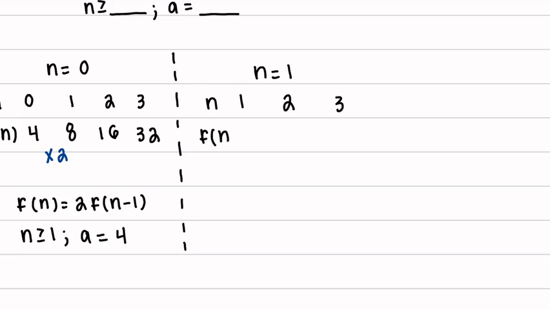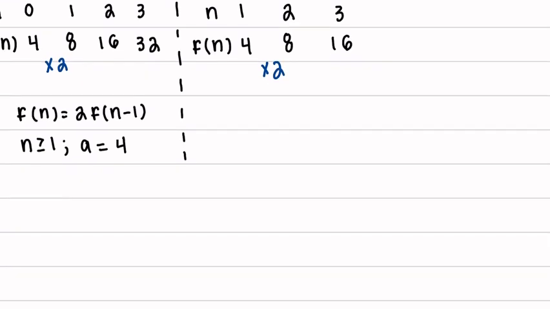F of n be... I'll still say 4, 8, 16. So I'm still going to be multiplying by 2. So f of n equals the common ratio of 2 times f of n minus 1, representing the previous term, whatever that previous term value is.